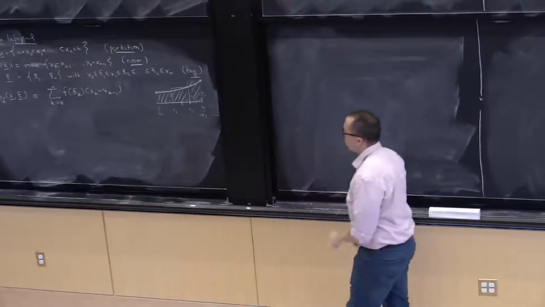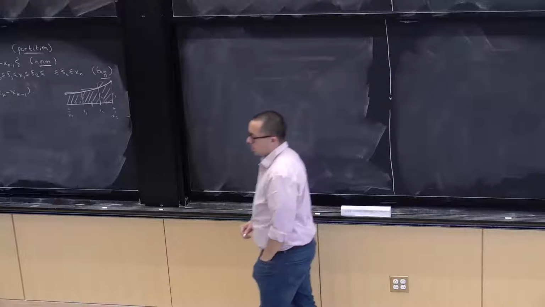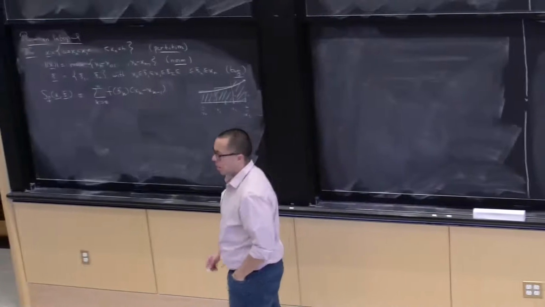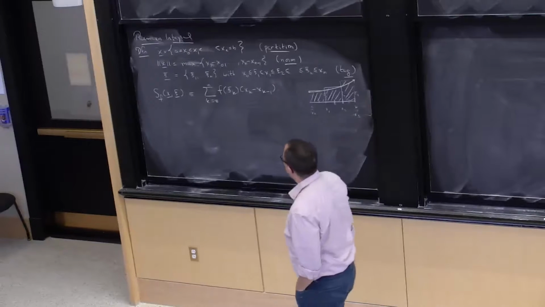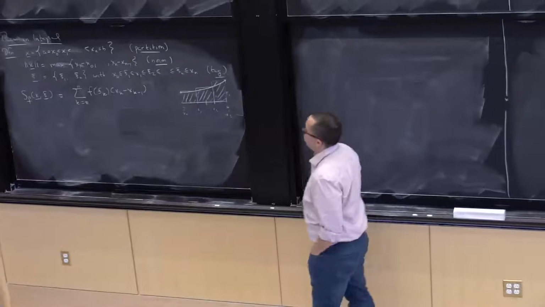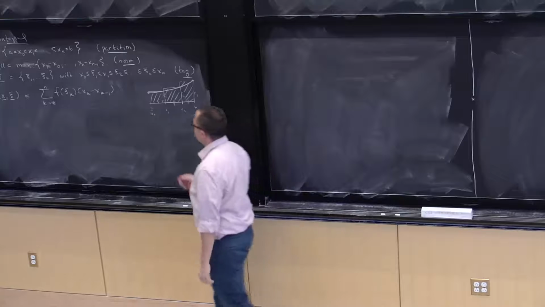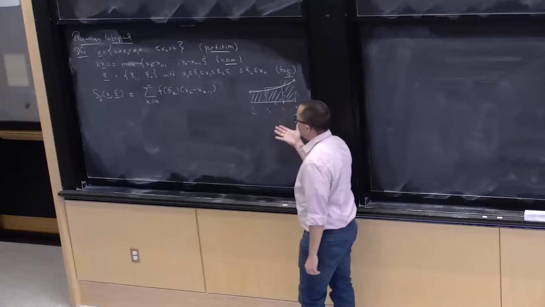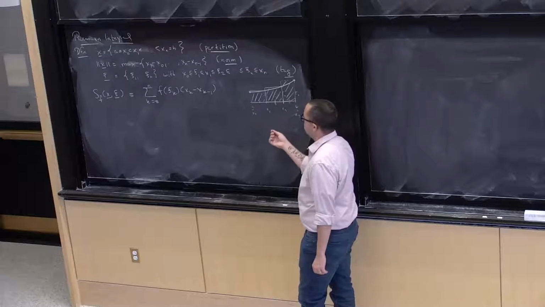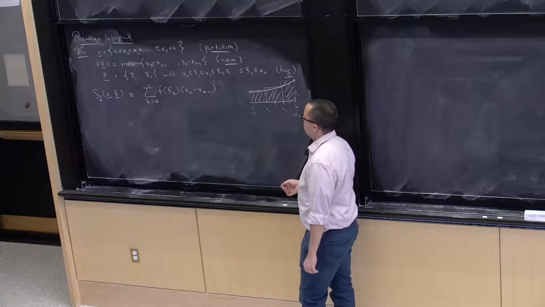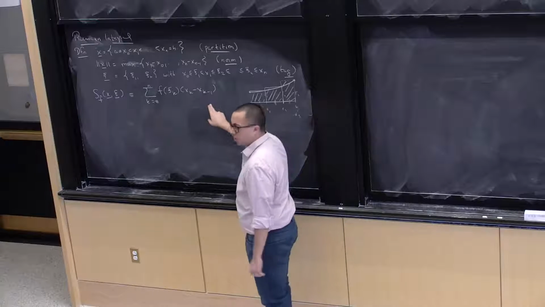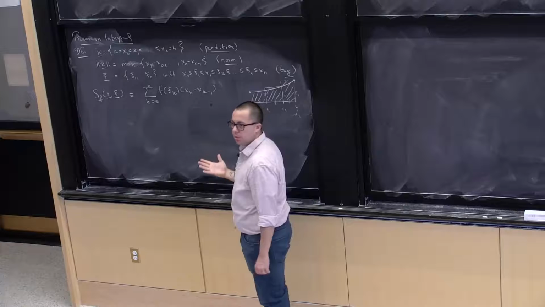Okay? And so our theory of Riemann integration, or our theory of the area underneath the curve, is built on the following goal, which is to show that as these partitions get finer and finer, as the norm of these partitions goes to 0, these Riemann sums should converge to some number.